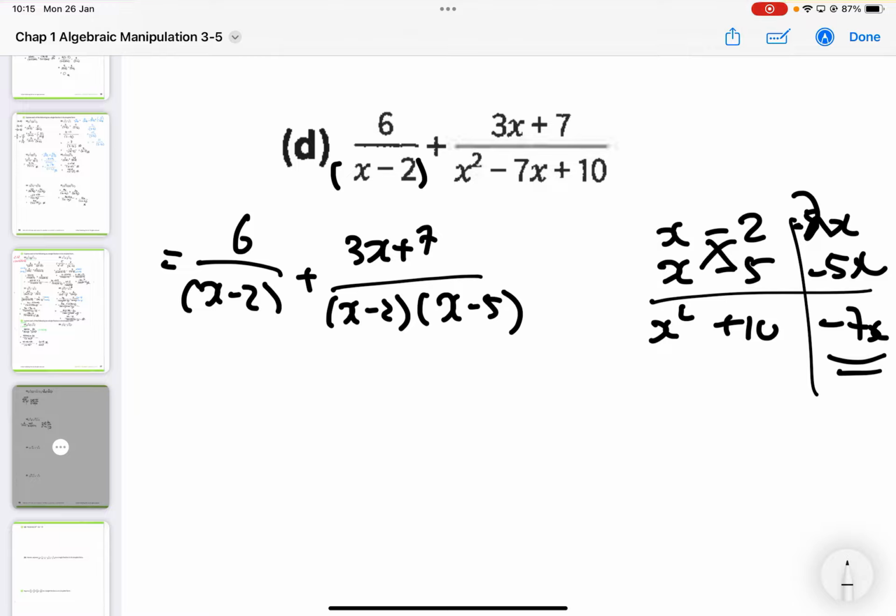Okay? So this one is the clue for you how to factorize this side. I definitely need to factorize because I want to make common denominator. Okay? So this one is the clue to help me factorize.